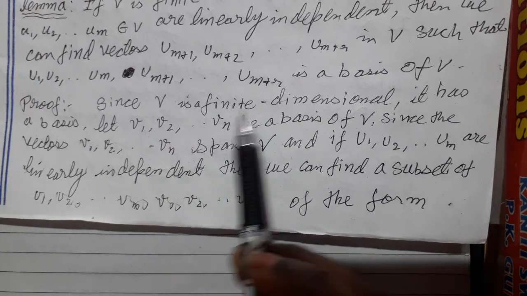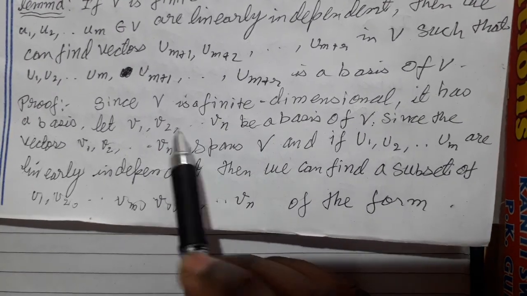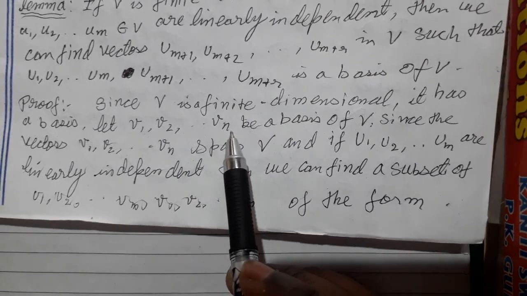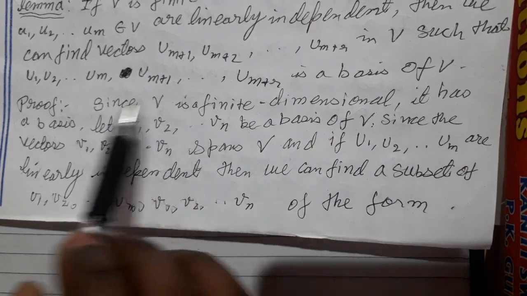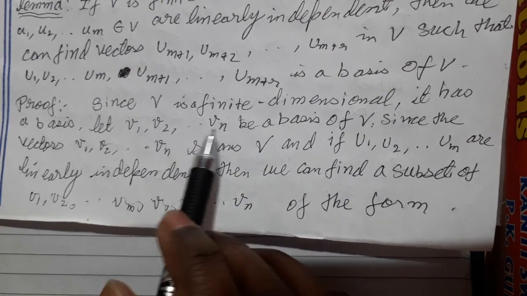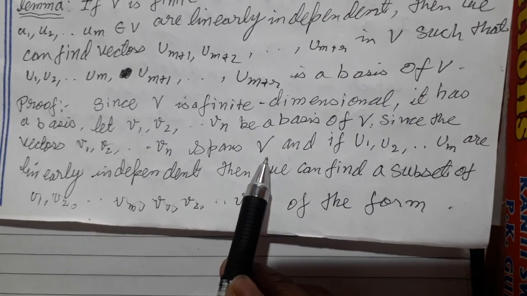Now in this theorem, since V is a finite dimensional vector space, it will have a finite basis. So I'm taking a basis v1, v2, ..., vn of V. Since it is a basis of V, it is capable of spanning the whole vector space.